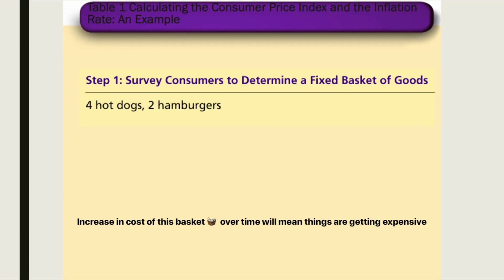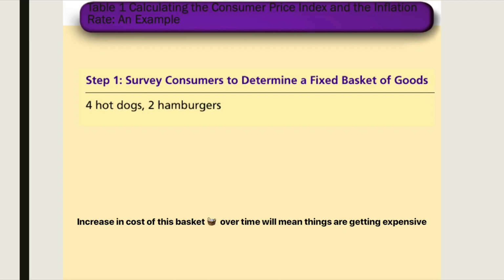So, a typical Pakistani consumes 4 hot dogs and 2 hamburgers. This is the basket that a typical consumer uses, and we want to figure out how the price of this particular basket changes over time and whether it's going to cost me more to buy this basket later or not. If that does happen, this would mean that things have gotten expensive.